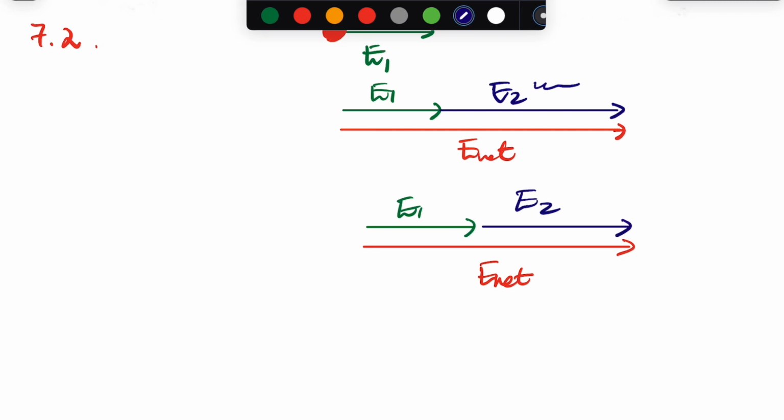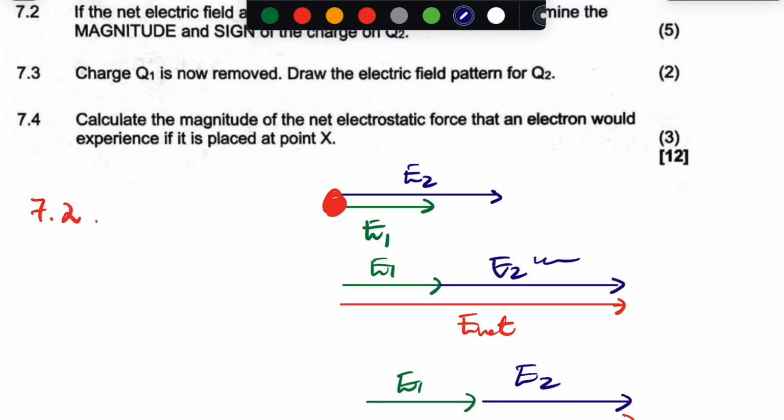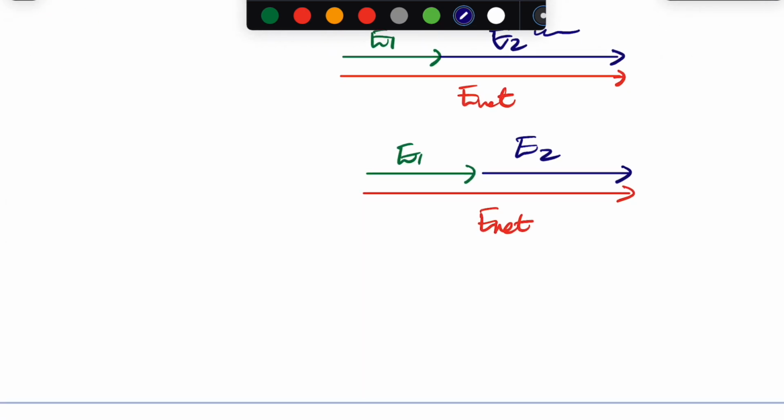So it's E2, that. Okay, let's go to the calculation. That was not needed, I'm just showing you. And then the calculation now, we wanted the charge. So what we do now, we say E net is equal to E1 plus E2.